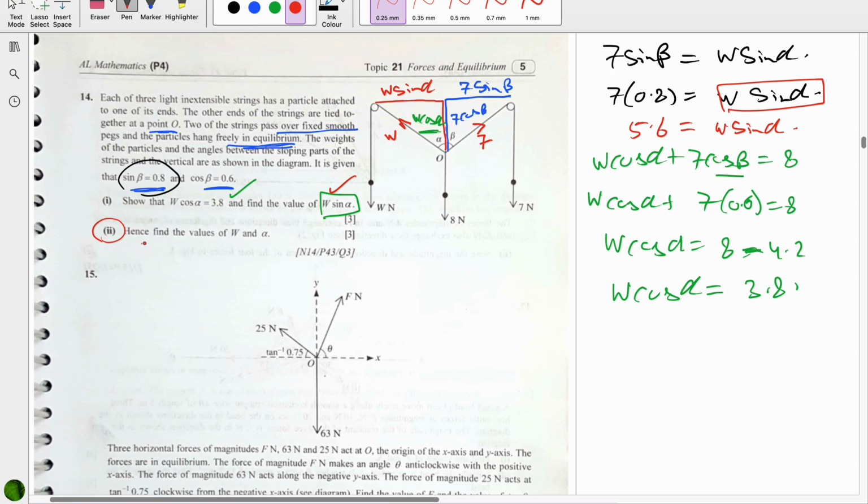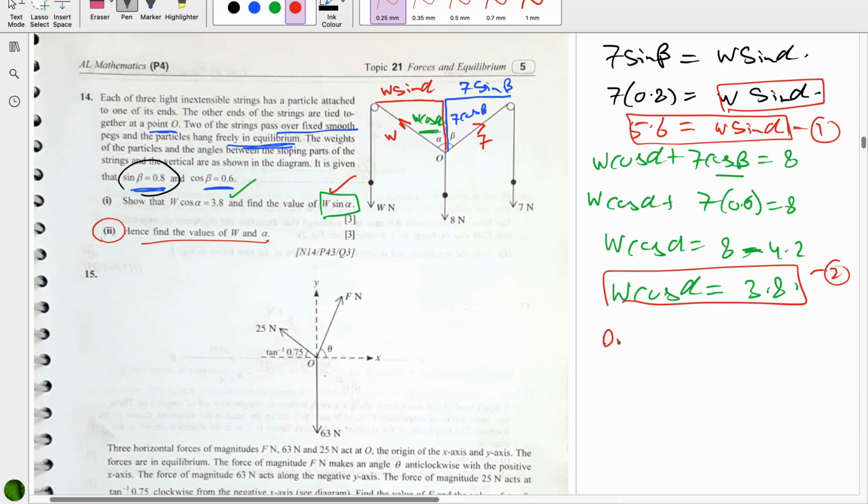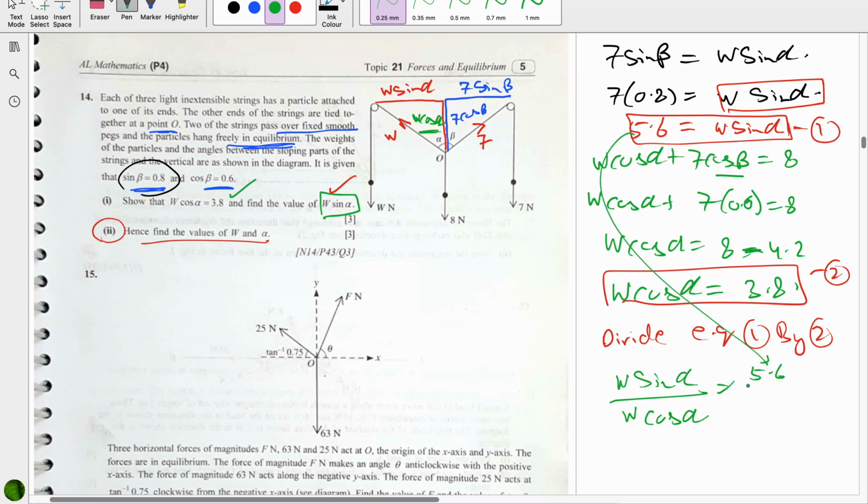The second part says hence find the value of W and alpha. So once we have these two equations, we can solve them. Equation 1, equation 2. Now I am dividing equation 1 by 2. So equation 1 says W sine of alpha. When I divide this with equation 2, that is W cos of alpha. On the other side, 5.6 divided by 3.8.